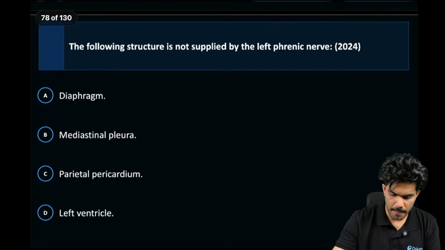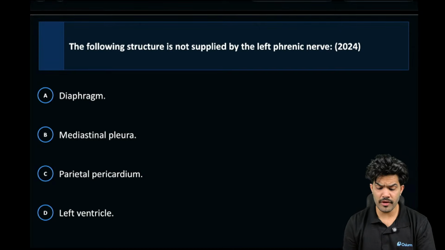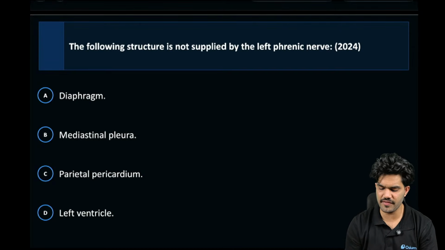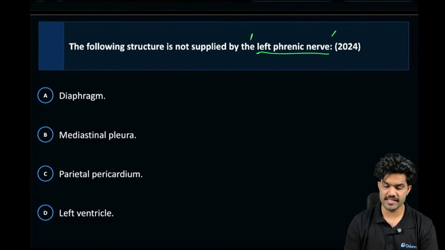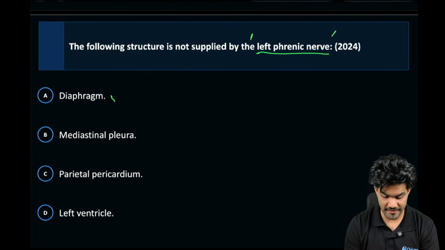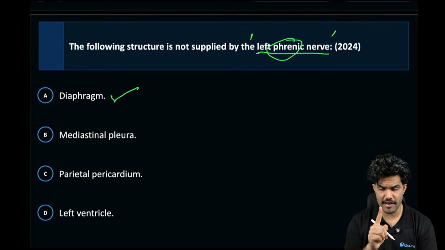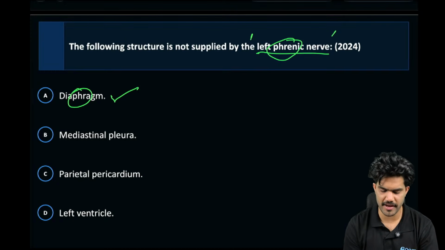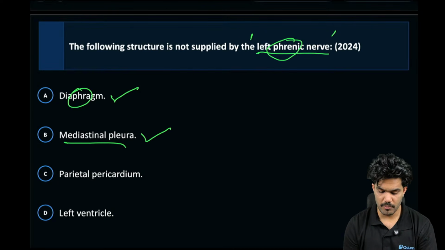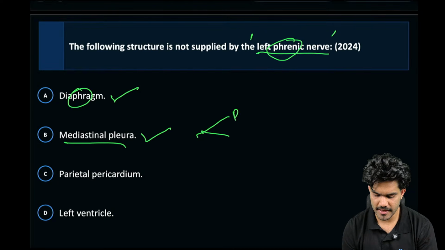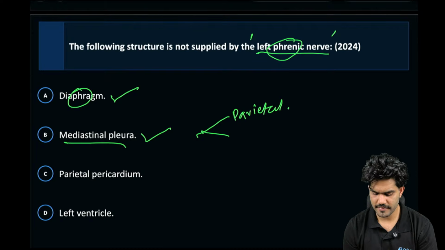Now, the following structure is not supplied by the left phrenic nerve. Which is not supplied? Diaphragm. By the name phrenic itself, you should know it supplies the diaphragm. And mediastinal pleura, yes, I have told you. Pleura has how many layers? Parietal and visceral.